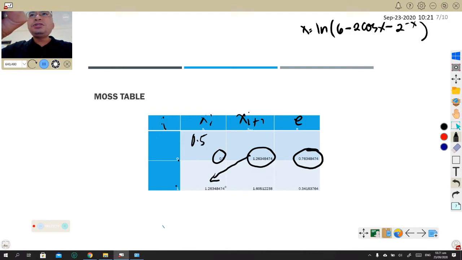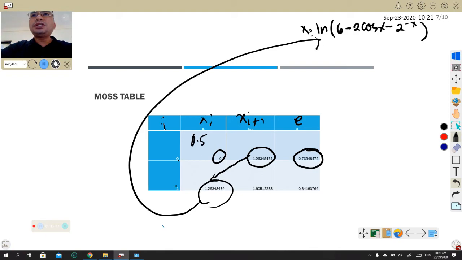So again, this new value of xi will be substituted into this equation.